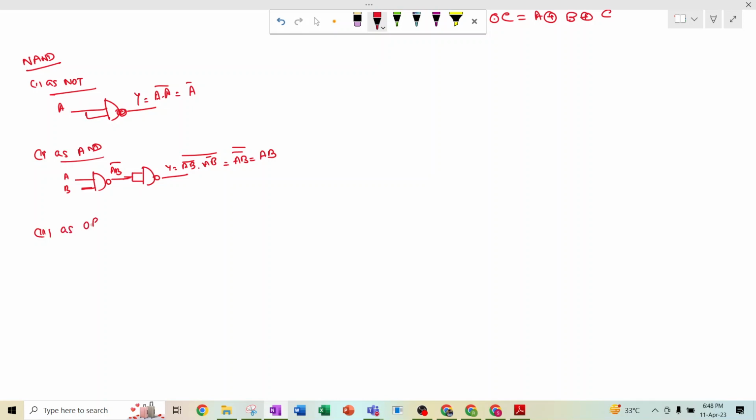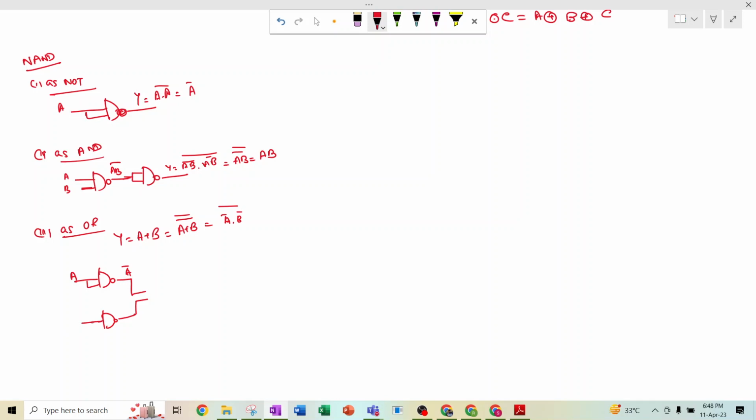Third is as an OR gate. How can we use it as an OR gate? Suppose Y is OR, meaning A plus B. If we complement both sides, then we get, using De Morgan's law, which I will discuss, A bar dot B bar. So we have two NAND gates to get the complement of A and the complement of B. If we put A, we get A bar.